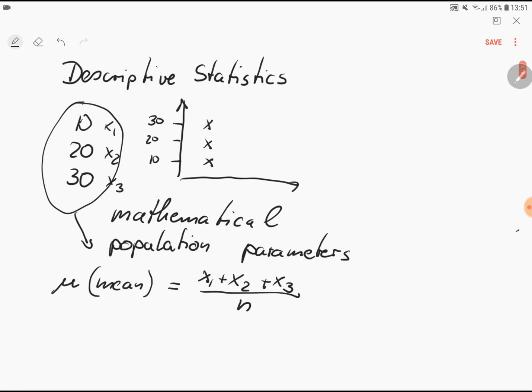In this case, n equals 3. So we've got 10 plus 20 plus 30, divided by 3. 10 plus 20 is 30, plus 30 gives 60, divided by 3. So our population mean would be 20.